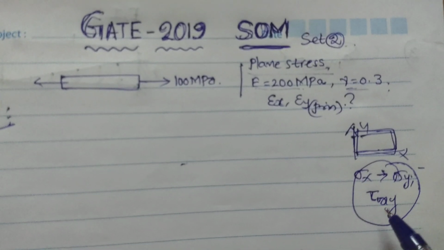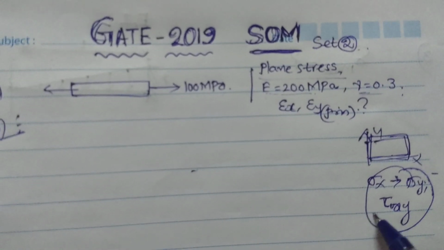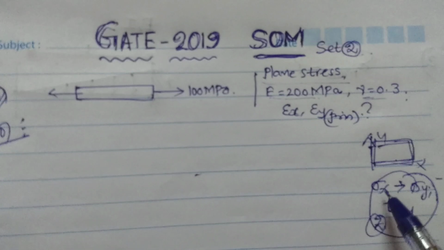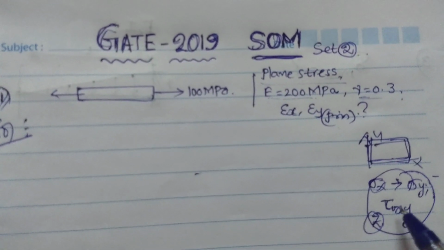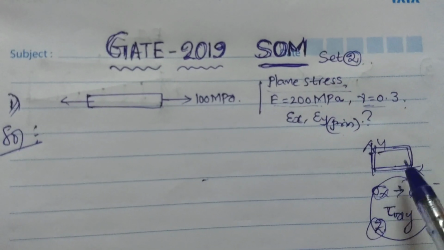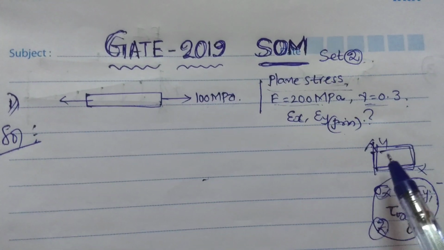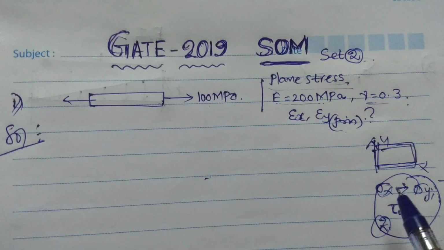Any other stress component which involves a variable z is 0, like sigma z, tau xz, tau yz. The same thing holds good for the plane strain condition also.